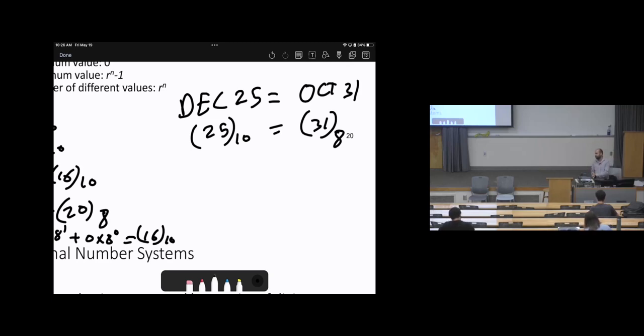It's your turn. You can try it. I need you to prove that 31 octal equals 25.